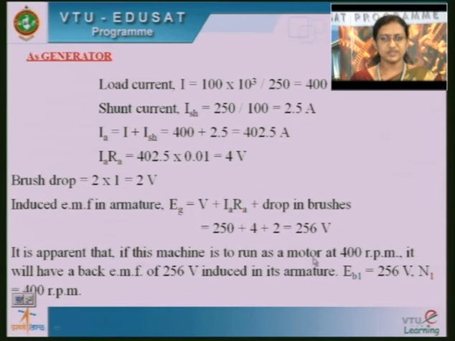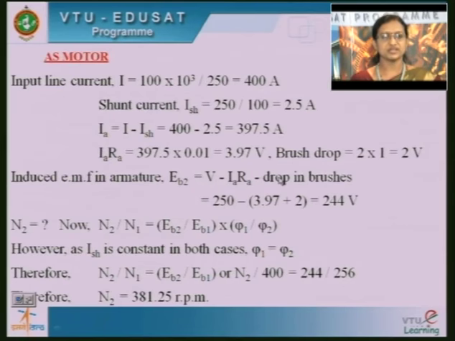In the first case, when it is running as a generator, the speed is 400 rpm. Now you have to find out what the speed will be when the DC machine is running as a motor. In this case, you calculate the input current and you will get the same thing, 400 ampere.